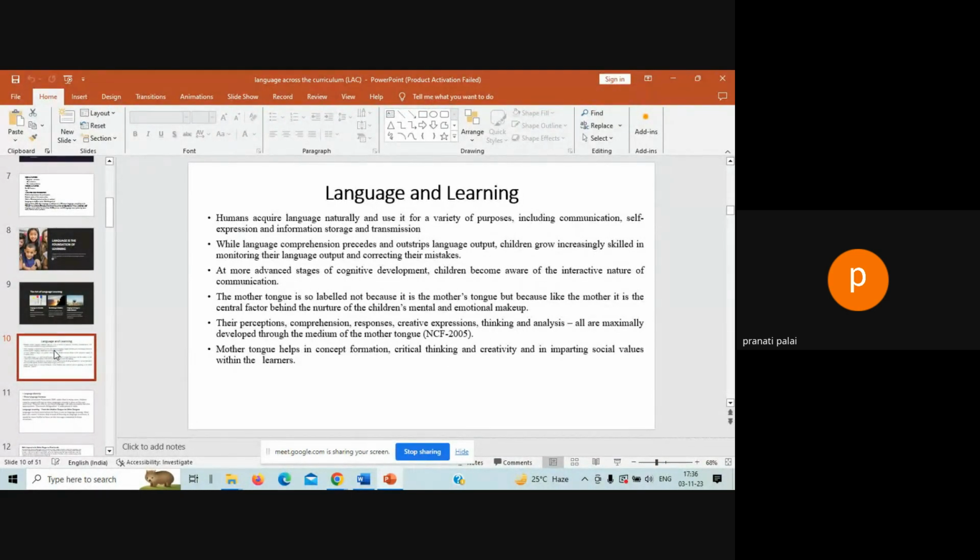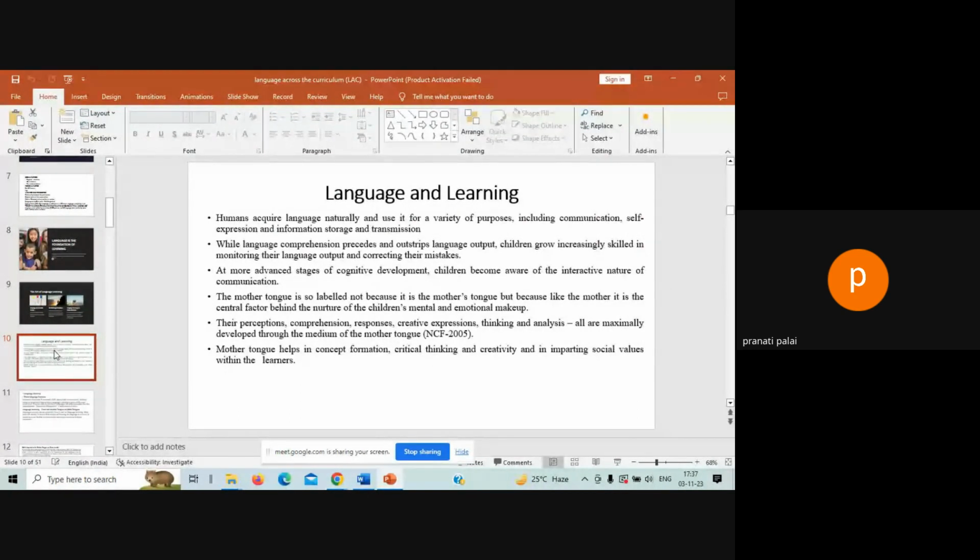The teacher's role is to create a situation where the child will spontaneously involve himself in the teaching-learning process. According to the National Curriculum Framework 2005, the teacher will create such a situation for the learner in which the child's optimum potential can come out, and he can express himself freely.